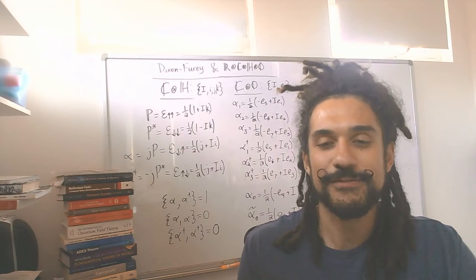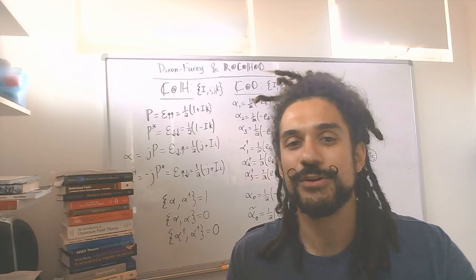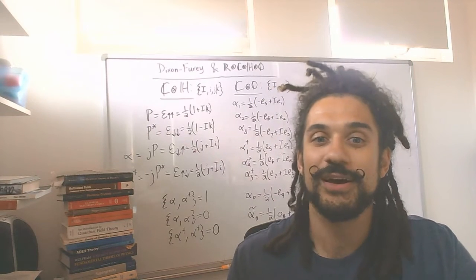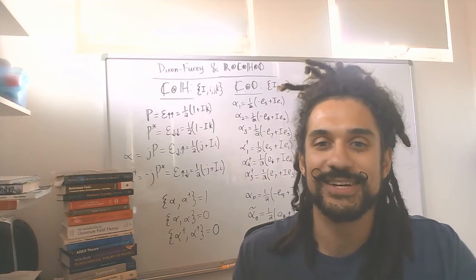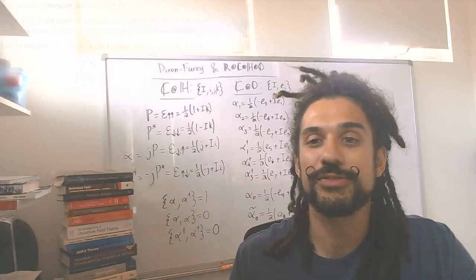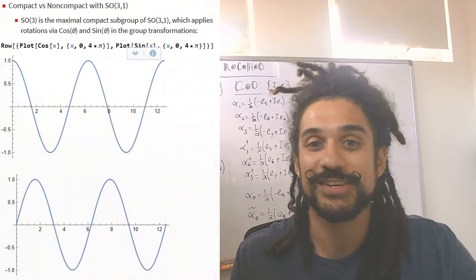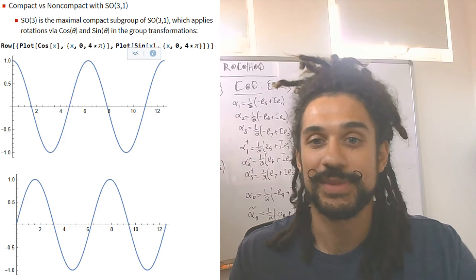To understand the difference between compact versus non-compact generators, consider SO3 as the Lorentz group of spacetime. We can consider SO3 inside SO3,1, which is compact. This refers to the 3 generators of rotations in 3 dimensions, which contain sines and cosines.